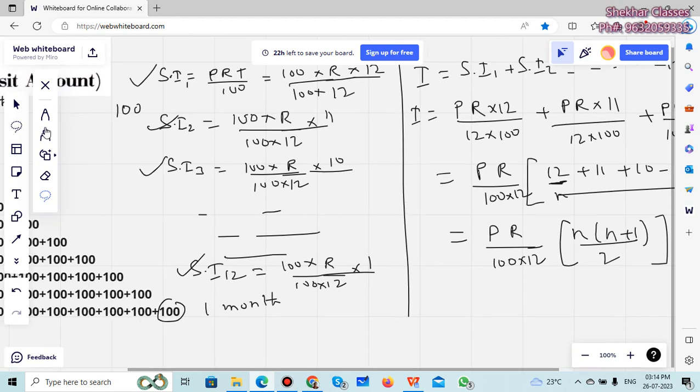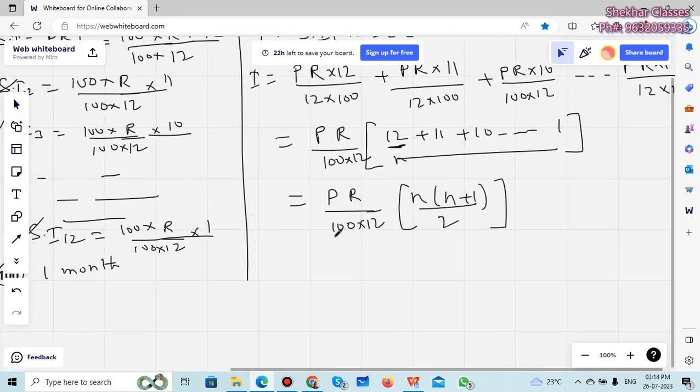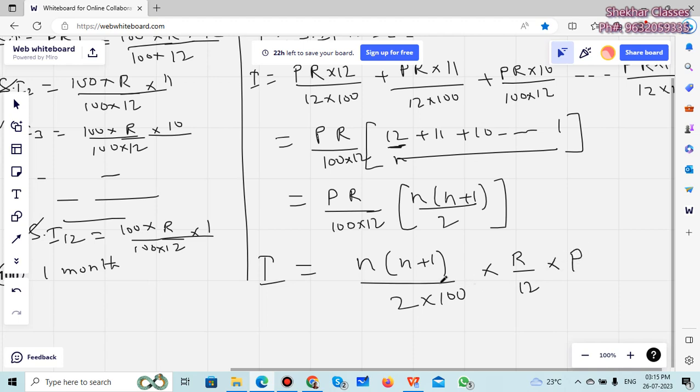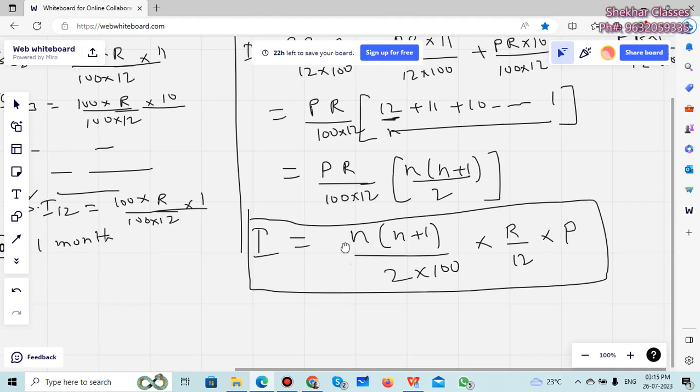So if I solve this part here, you will get what? The interest will be equal to P times R, and we will write it like this, n into n plus 1, the whole upon 2 into 100, into R by 12 and into P. So this is the formula that we have got for interest calculation.